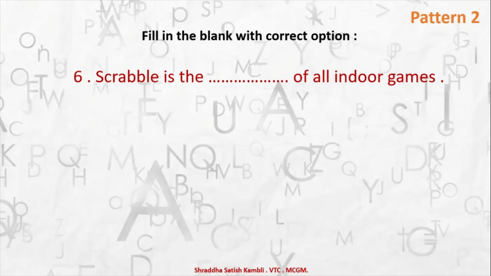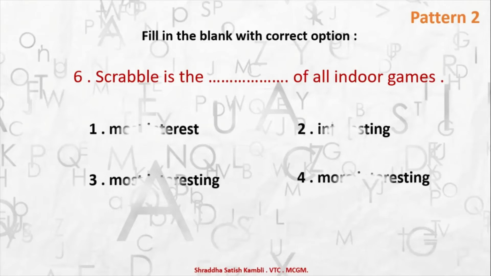You have these square shaped coins or the round shaped coins on which a letter of the alphabet is printed. So you make words using those particular coins. So Scrabble is the dash of all indoor games. So Scrabble is an indoor game, they're telling you, but they're telling you something about the Scrabble.